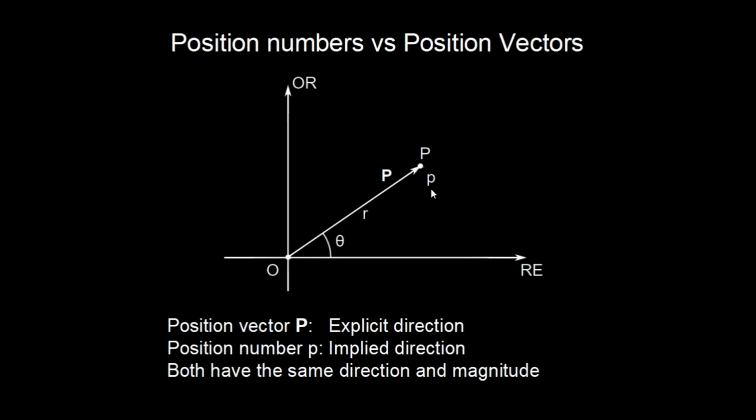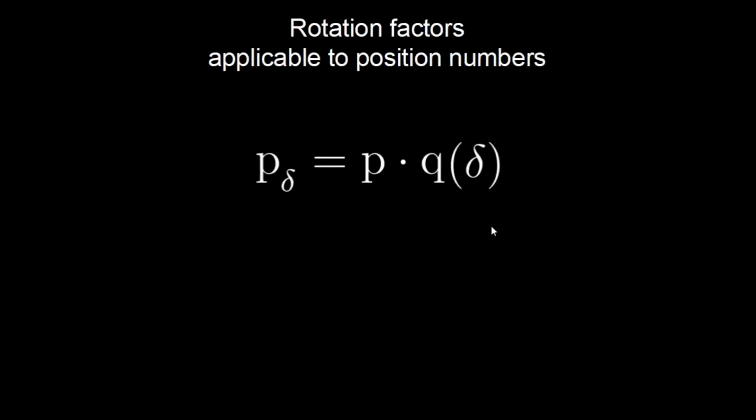Both have the same direction and the magnitude r. Thus, the same rotation factor concept can also be used for position numbers. The next topic is rotation factors are applicable to position numbers.